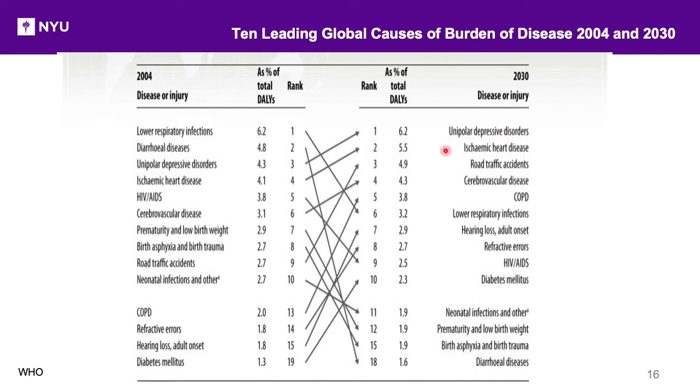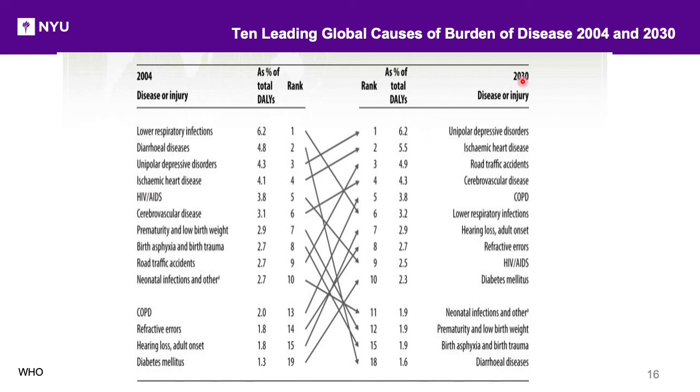They think number 2 will be ischemic heart disease, and in fact, ischemic heart disease was at number 4 in 2004. And if we look at what was number 1 through 5 in 2004, there were respiratory infections, diarrheal diseases, unipolar depressive disorder, ischemic heart disease, HIV/AIDS.